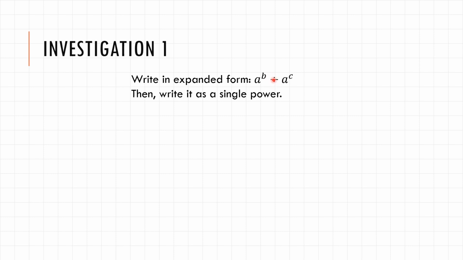But we're going to treat this almost as if we had numbers, just like we did in the investigation. Over here, we have a to the power of b. That means, just like when we had numbers, when it told us to take the base and multiply it by itself this many times. So notice the way I drew it. A times ... to indicate that there are a bunch more a's in here.